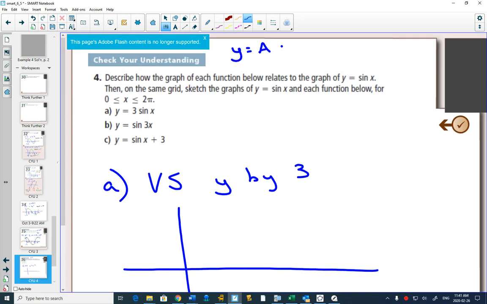We've now looked at four different transformations. Actually, we haven't done the plus d yet. We're going to do that one when we get to example C. But if you list them all for sine and for cos, we're not going to worry so much about tan right now.